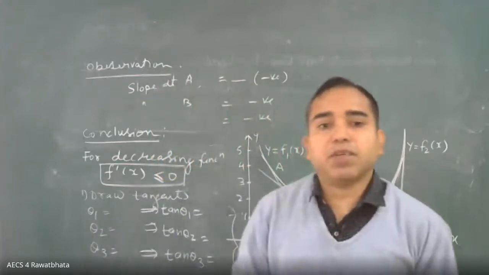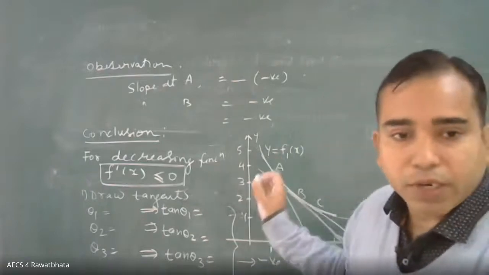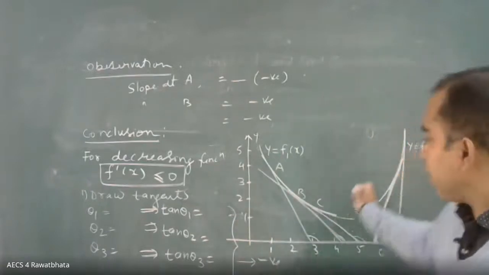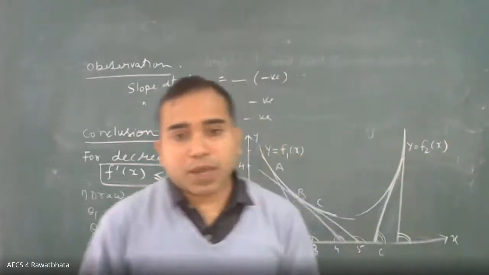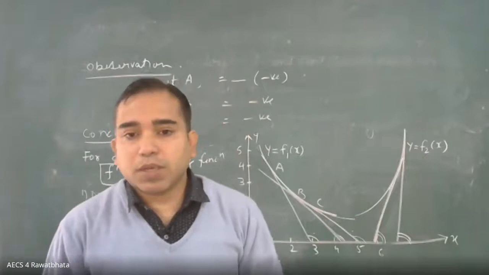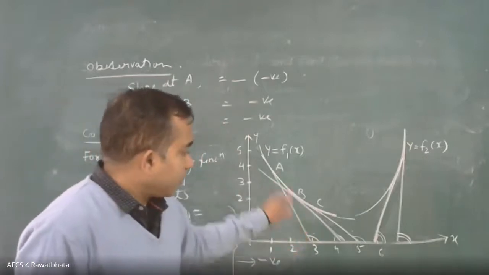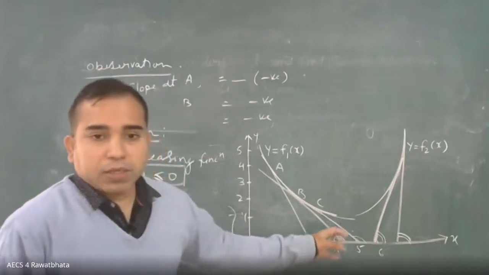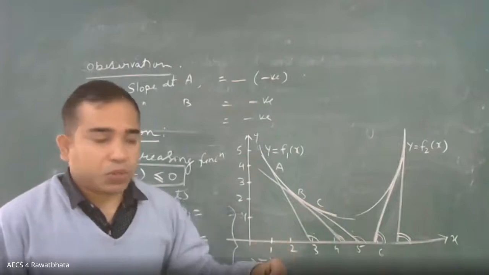And the third activity was to draw one increasing function and one decreasing function like this, and to find out the result about them. One result was about the decreasing function, that f dash x, because the tangents will make obtuse angles, will be less than or equal to 0.